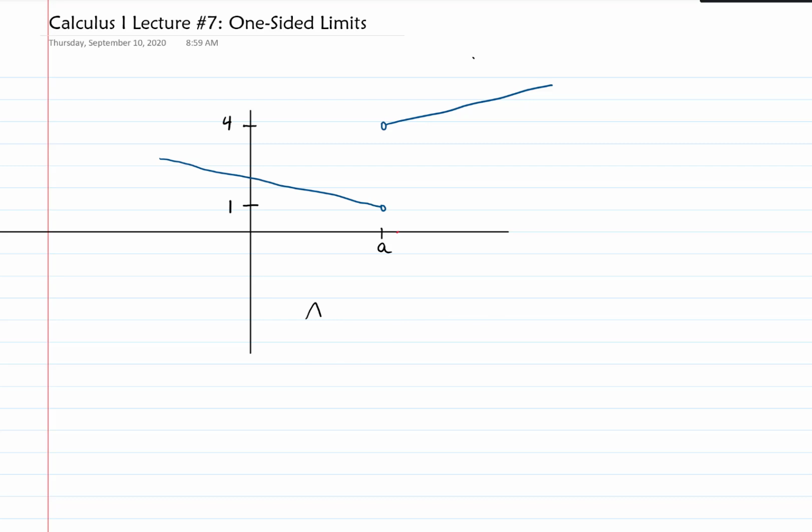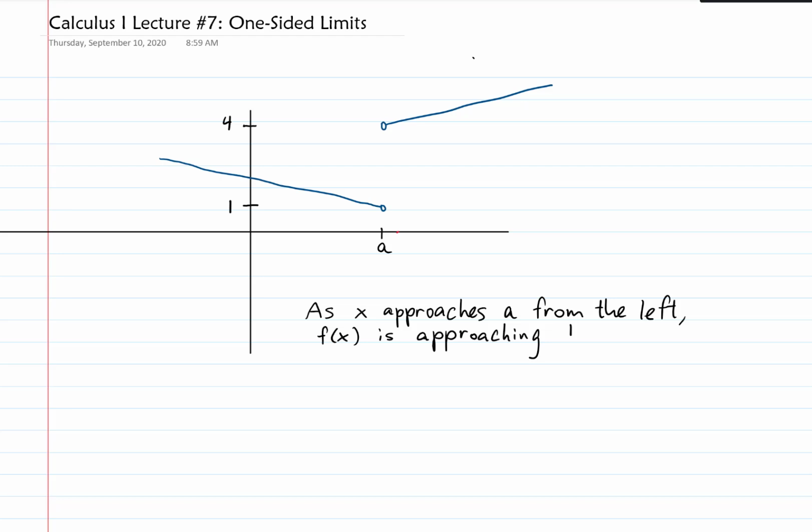We can say as x approaches a from the left, f of x is approaching 1.